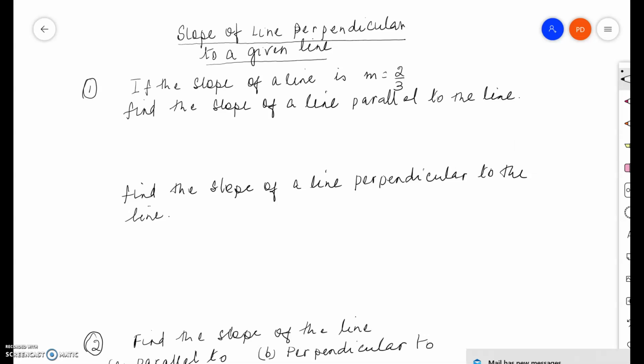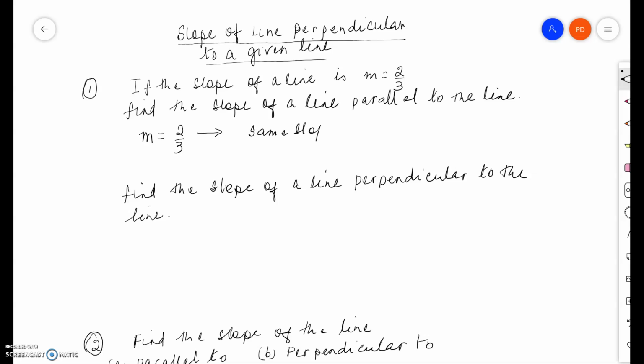So if the slope of a line is given, the slope is m equals 2/3. The slope of a line parallel to it, so parallel lines are lines with the same slope. So a line parallel to the given line would have the same slope.